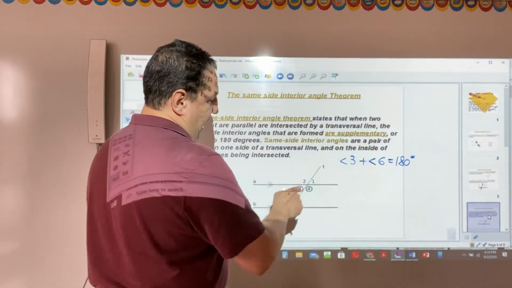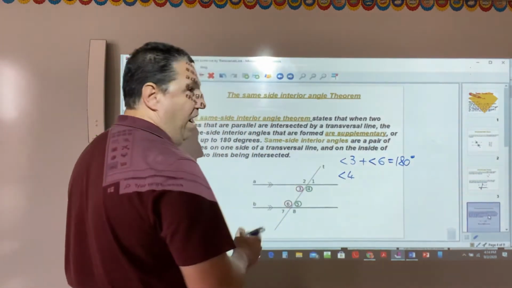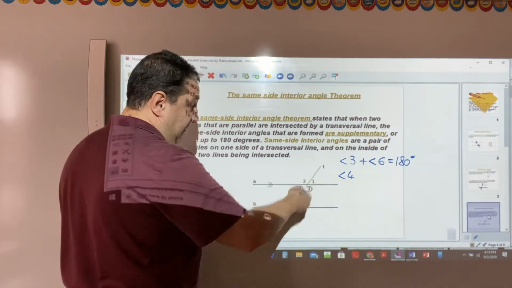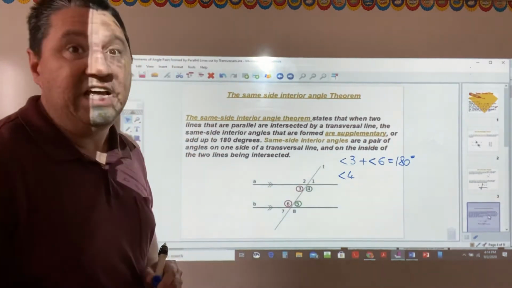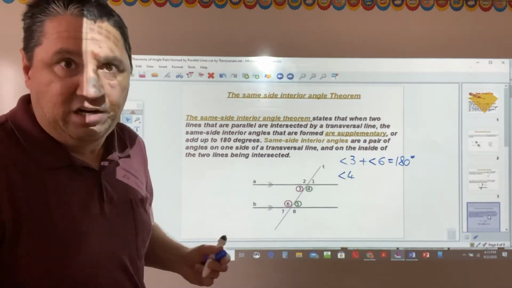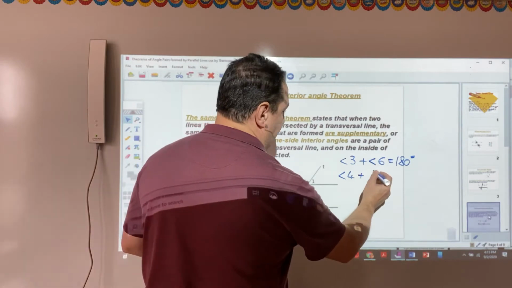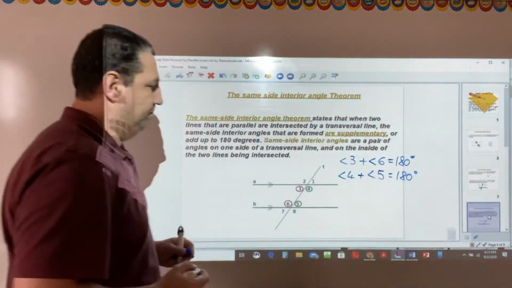Also, angles 4 and 5 are same side interior, right? Same side of the transversal and inside between the parallel lines. That's why they are called interior. So, angle 4 plus angle 5 equals 180 degrees.